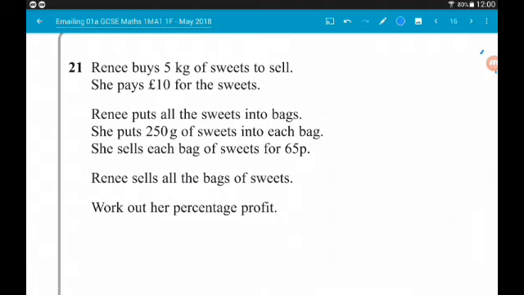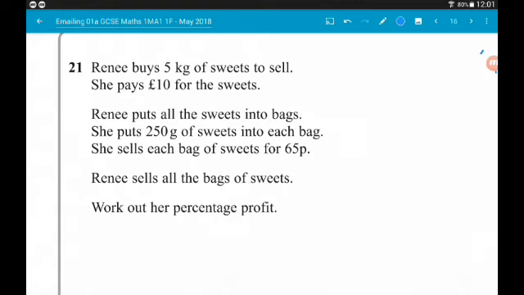Profit is the amount of money that you make after you've made back what you had to spend. So we know here that sweets cost her £10. So what we need to work out is how much money she made by selling the sweets. To do that, we need to know how many bags of sweets she sold.